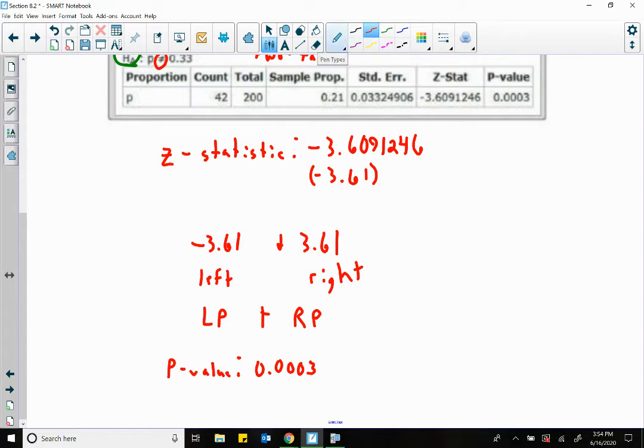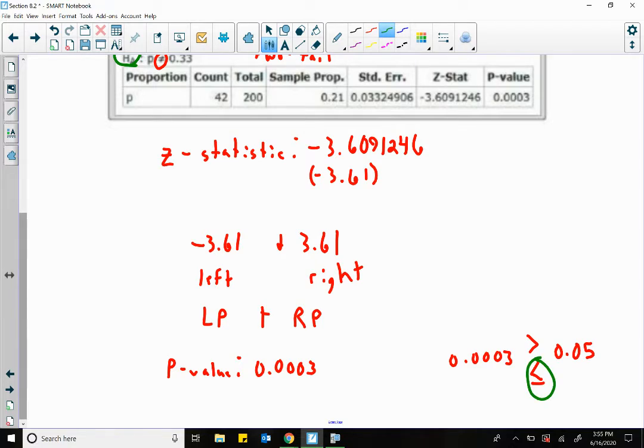Okay? And so now we're going to compare this to the significance level. So the question is, is 0.0003 greater than or less than or equal to the significance level, which was 0.05? So which one is it? And it is less than.